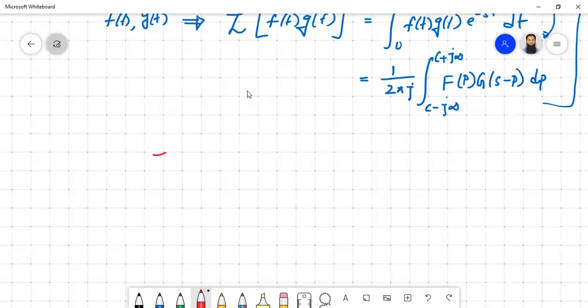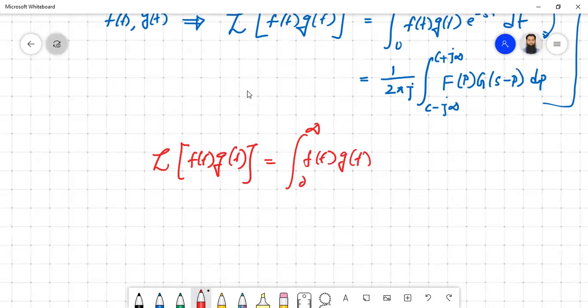The Laplace transformation of f(t)g(t) is equal to, just by the formula of the Laplace transformation, the integral of f(t)g(t) e to the minus st dt.